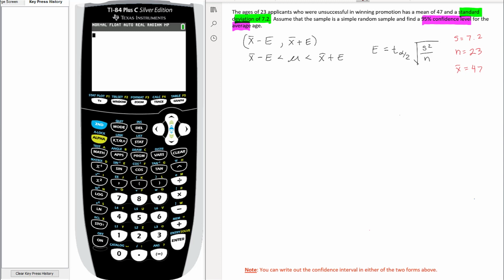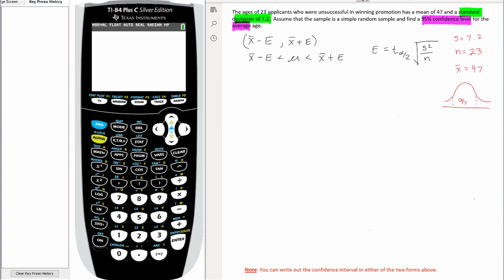So in order to find t sub alpha over 2, we're going to draw that t distribution. And the t distribution kind of looks like the normal distribution. And when determining the t distribution value, or the critical value, you're going to be basing that off of the confidence. So this is 95% confidence.